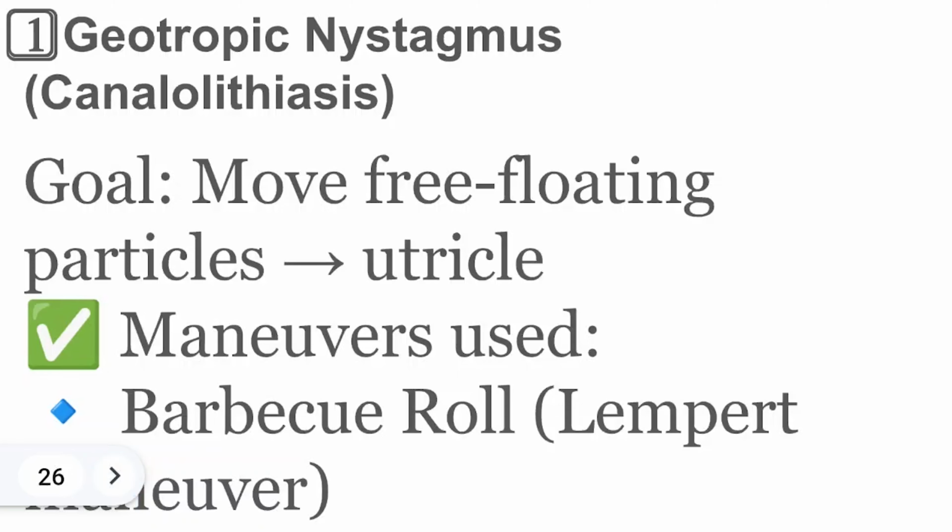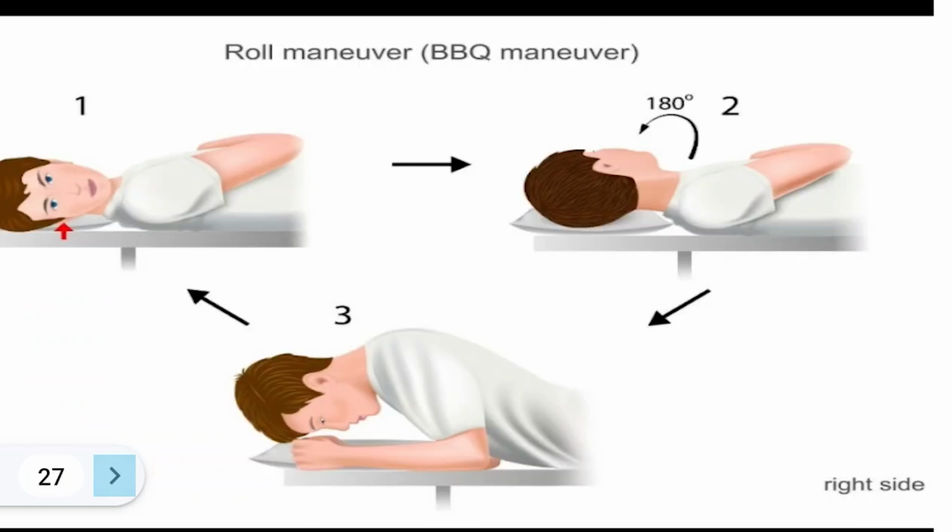What are the manners used for reduction of geotropic nystagmus? Lempert's manner is generally used for reduction of the geotropic kind of nystagmus. The steps of Lempert's manner include: ask the patient to lie on the couch in the supine position and turn the head toward the diseased side and stay in this position for 1 minute. After completion of 1 minute, turn the head 180 degrees to the opposite side and stay in this position for 1 minute.